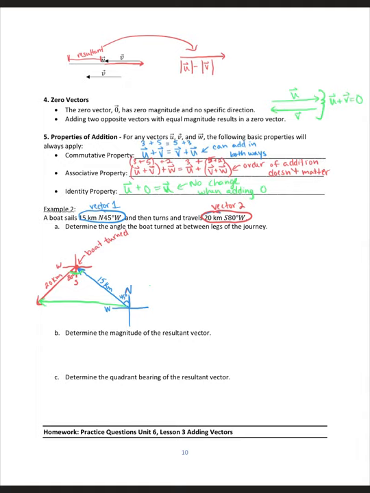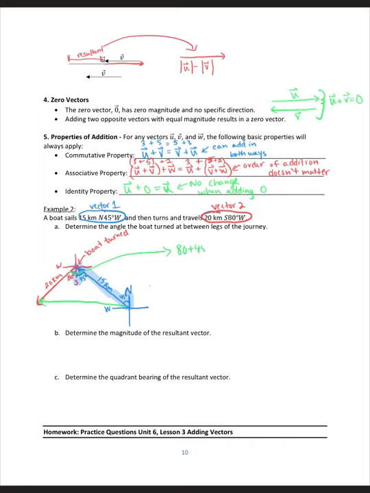So here's some things to think about. Remember what we know about alternate interior angles. So this 45-degree angle is going to create a Z pattern, right? It's going to create a Z pattern there. So that tells me that this angle here is 45 degrees. So then we can say that our total angle is going to be the sum of those.